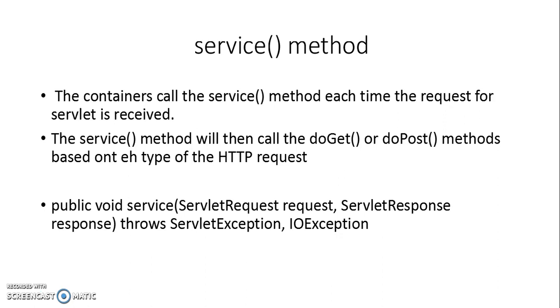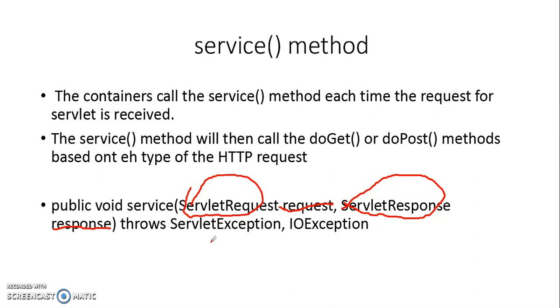So this ServletRequest over here, let me highlight it for you, is a servlet class, and ServletResponse is another servlet class. We create an object for the request as ServletRequest, and we create an object for the response as ServletResponse.